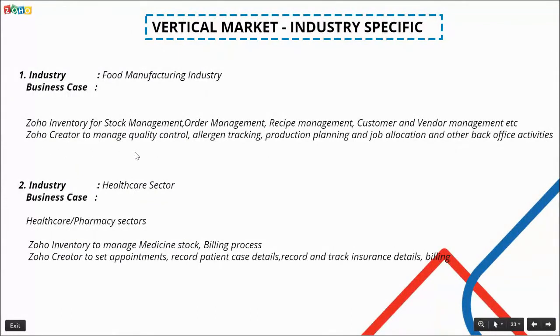And within Zoho Creator, you can do the quality control, allergen tracking, production planning, job allocation, and other back office activities. Similarly within the healthcare sector, you can manage all the medicine stock and billing process within Inventory, and you can set the appointments, record patient case details, record and track insurance details and billing using Zoho Creator.